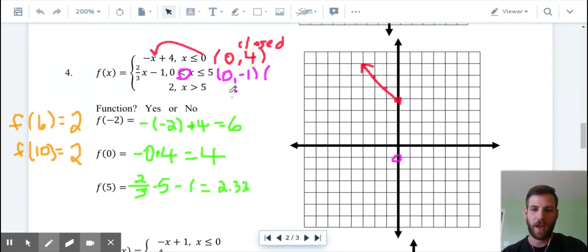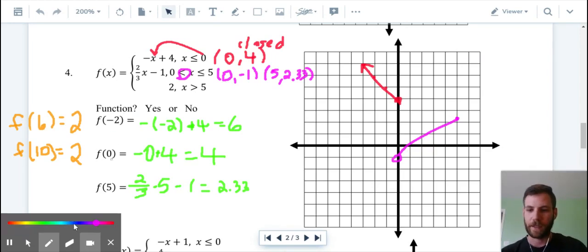So I can plot the point 5, 2.33. And that would go over here to 1, 2, 3, 4, 5, and then up to about right there with a closed circle. And the good thing is, since we have both endpoints, we can just connect these two dots, making this function pretty straightforward.